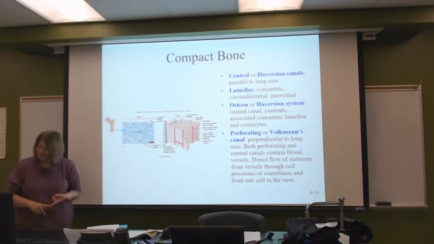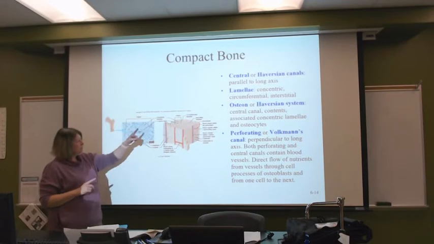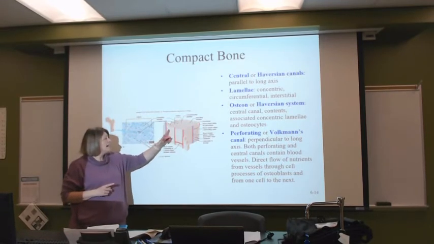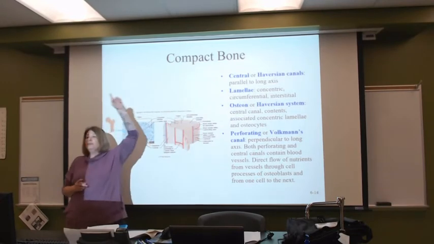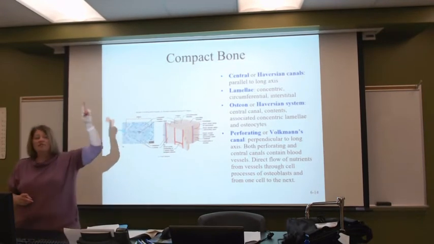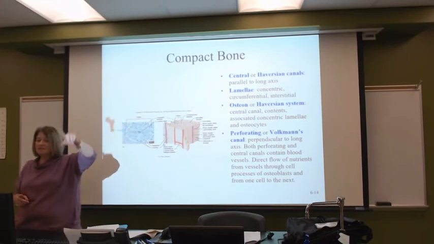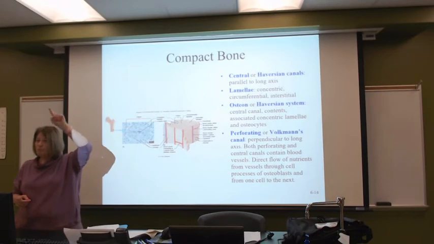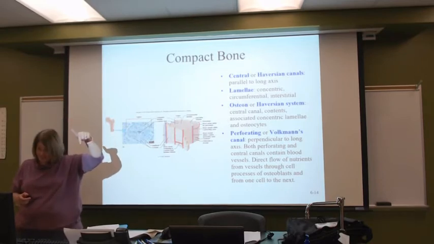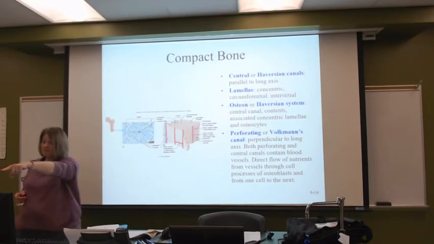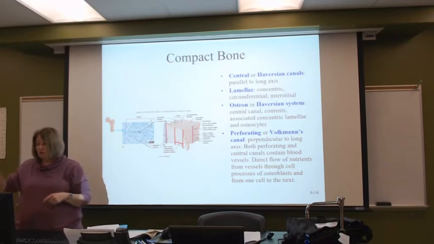What this does is it gives access to a blood supply, because these cells, this organ, this tissue, breaks down and builds up, and those osteocytes, what look like the little ants in the lacuna, are busy.